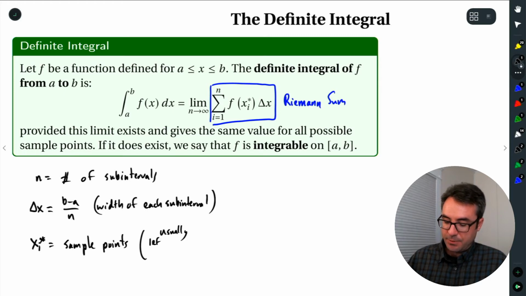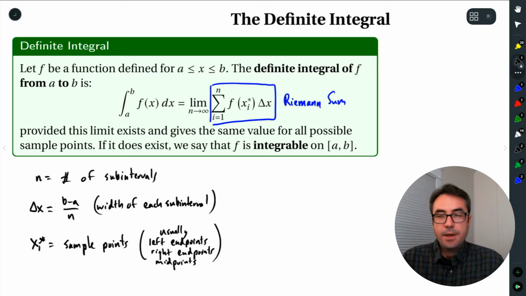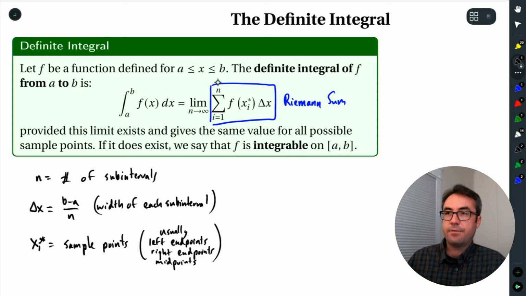Those are just the most common ones that we use. And we have our interval from a to b.